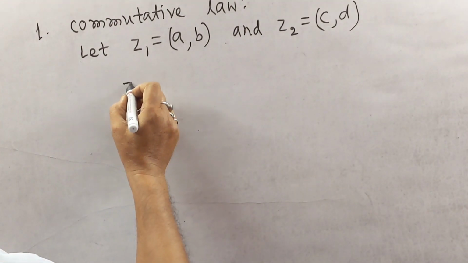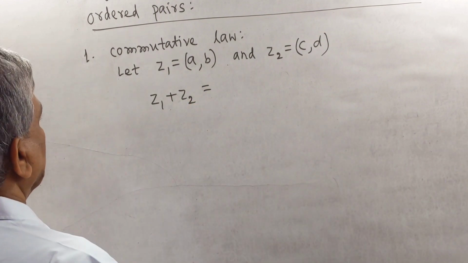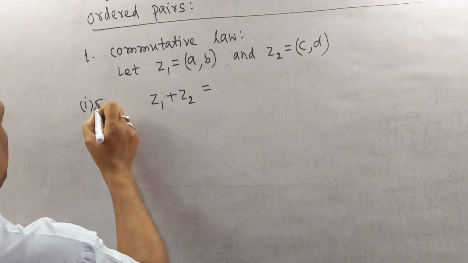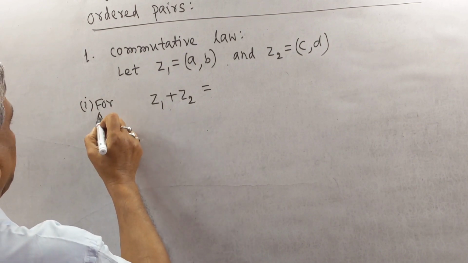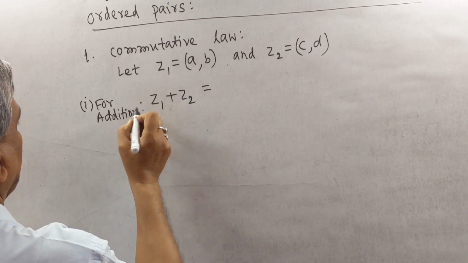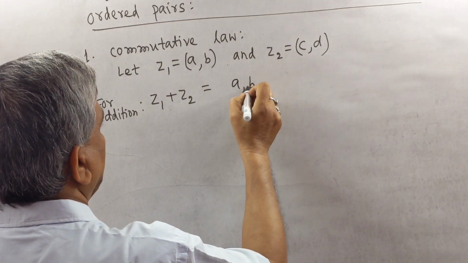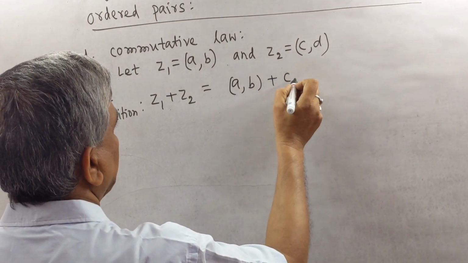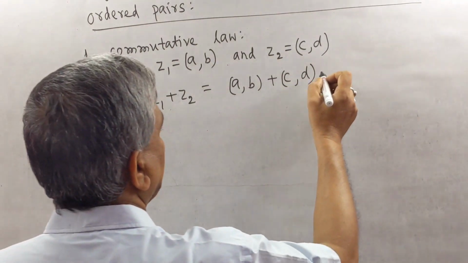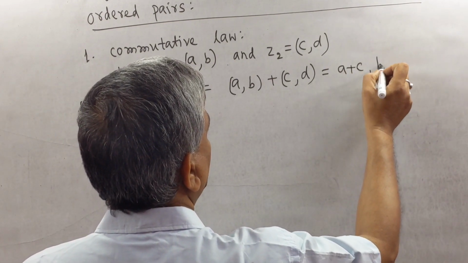Now z1 plus z2, first we deal for addition. For addition, z1 plus z2 equal to (a, b) plus (c, d). We have seen that this equal to (a plus c, b plus d).